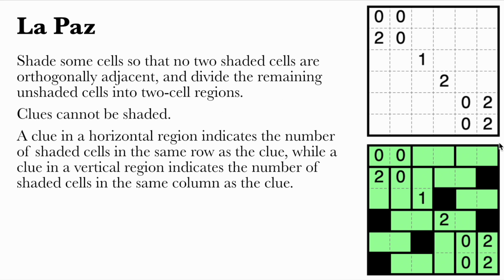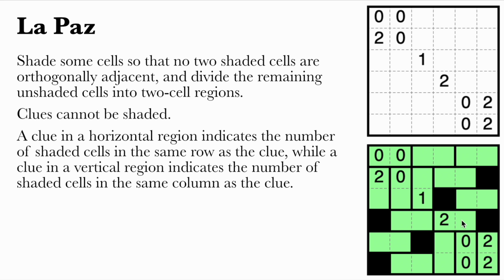Clues are the numbers. And a clue in a horizontal region indicates the number of shaded cells in the same row as the clue, while a clue in a vertical region indicates the number of shaded cells in the same column as the clue. So for example, this domino here has a 2 in it, which means, since this is vertically oriented, there will be 2 shaded cells in this column.